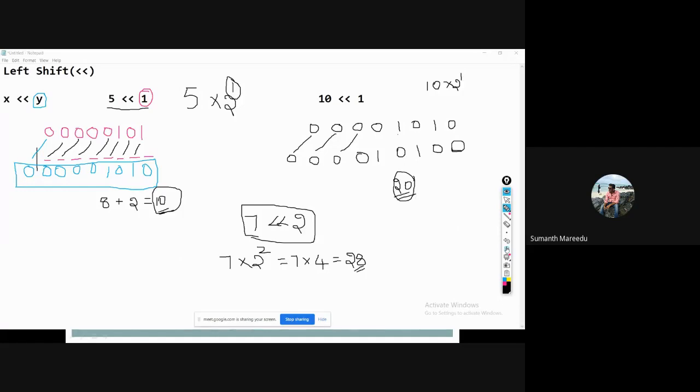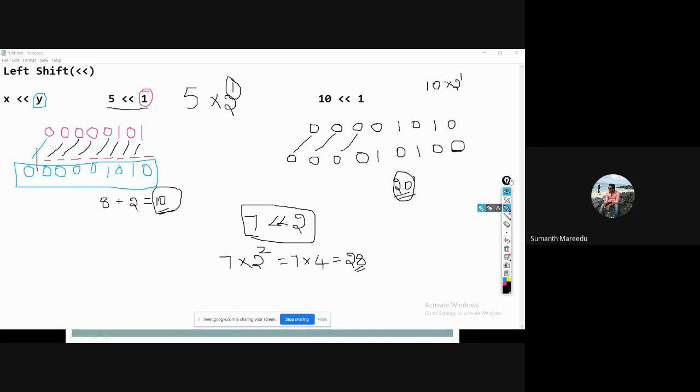This is the left shift operation. Left shift operation is simply shifting the bits towards the left by the specified value of y positions. If you move towards the left, your rightmost bits will be vacant, so simply fill those vacant positions with zeros.